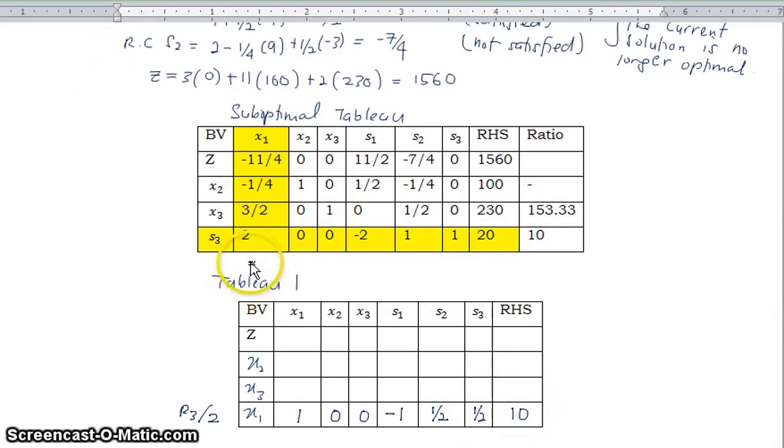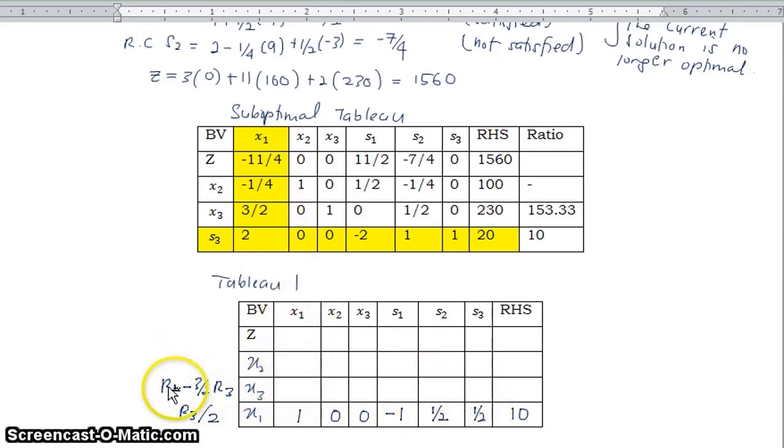Now, we need to change the coefficient of x1 in the other rows to 0. To get 0 for x1 in row 2, the ERO is row 2 minus 3 over 2 row 3, and then we update row 2.